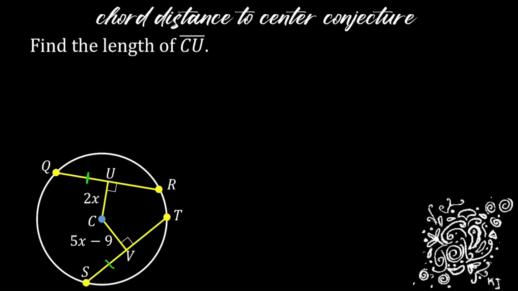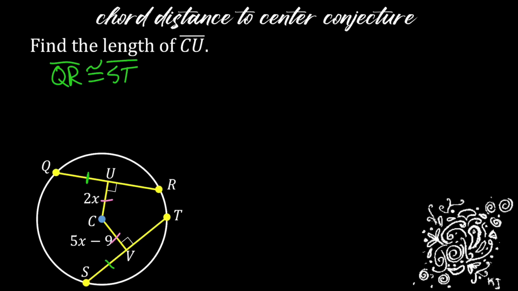So in the setup of the problem, it must be the case that line segment QR is congruent to line segment ST. Otherwise, we can't say anything. But once we know that those two chords are congruent, that means that these two segments must be congruent because they are perpendicular to those chords.